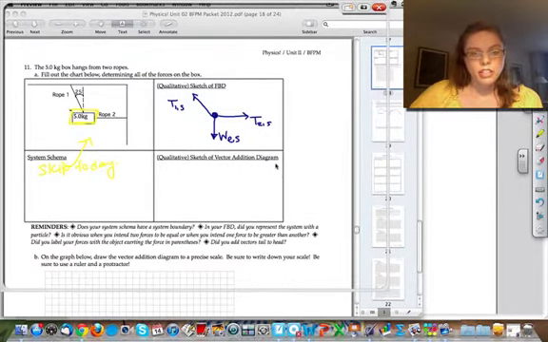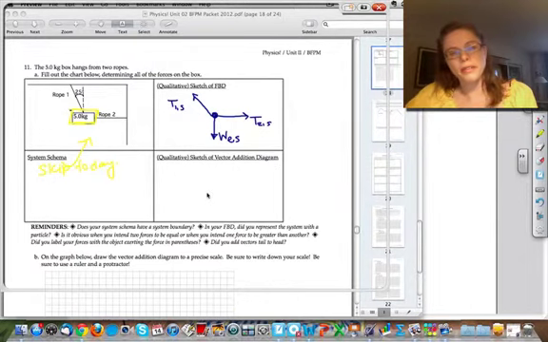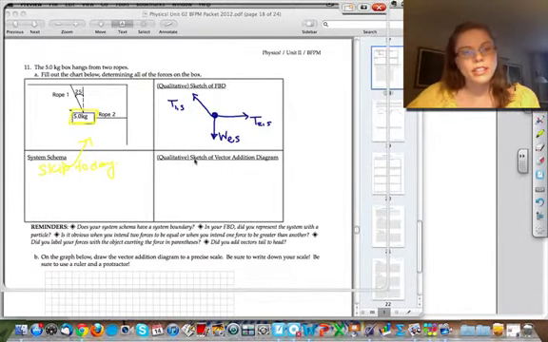Sketch the vector addition diagram. Now, remember that in our vector addition diagram, we have to add vectors head to tail.